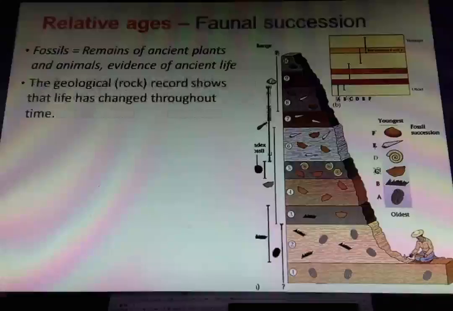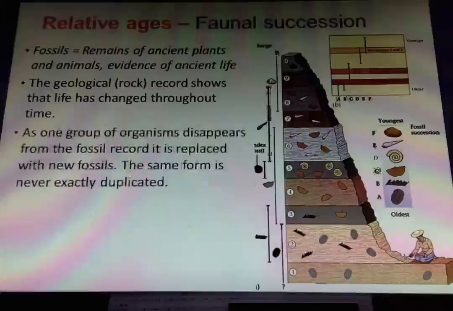So the rock is a record showing how life has changed throughout time, throughout billions of years, how different organisms have appeared, evolved, died out, become extinct, been replaced by other organisms who have appeared and evolved, died out, and become extinct. And from the bottom to the top, you're moving closer to the current day.